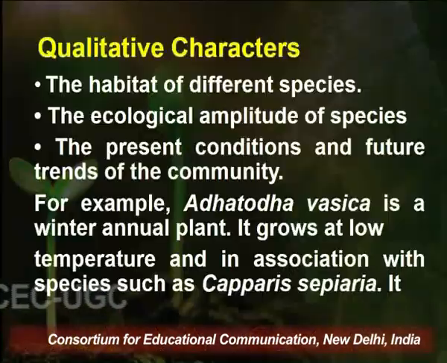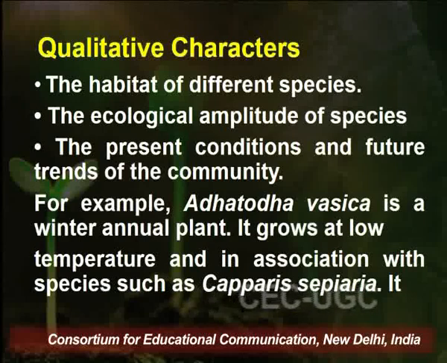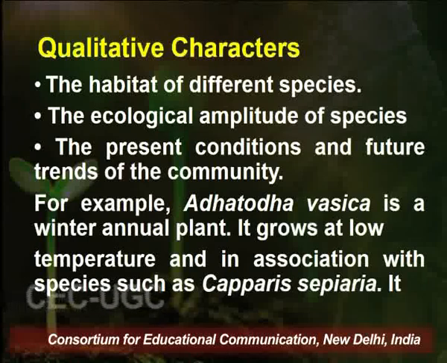Then it also tells about the habitat of different species. The third important thing known by this character is the ecological amplitude of the species. Ecological amplitude is the limit of the environmental conditions that are present at that particular time.